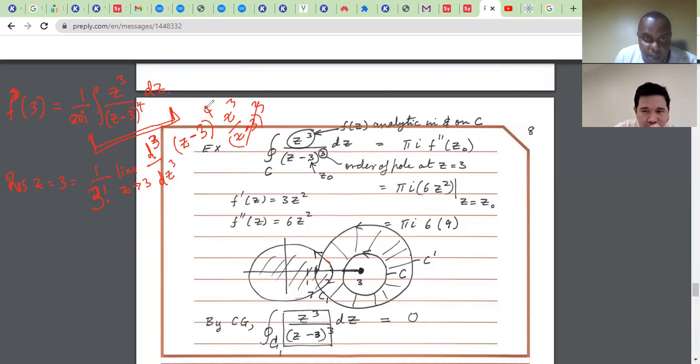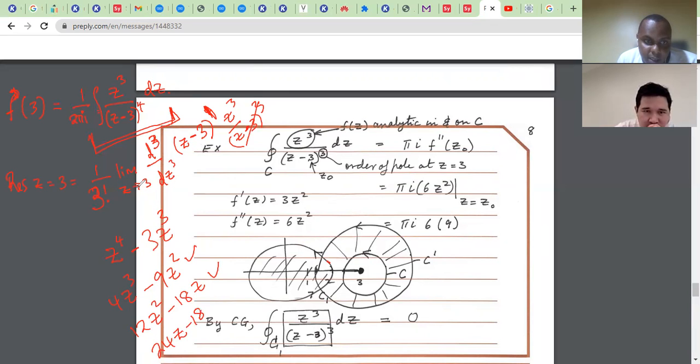So this one goes away, and we need to find the third derivative of z to the power of 4 minus 3z cubed. The first derivative will be 4z cubed minus 9z squared. The second derivative is 12z squared minus 18z. So the third derivative will be 24z minus 18.